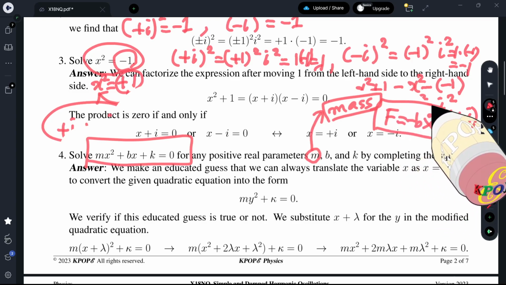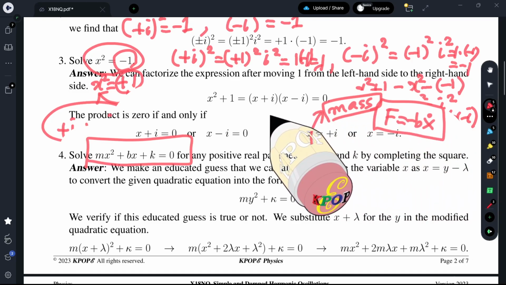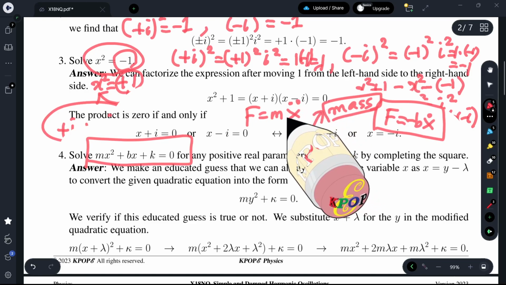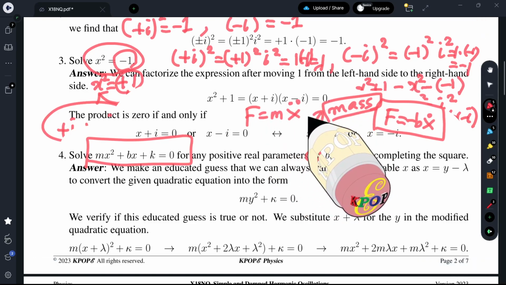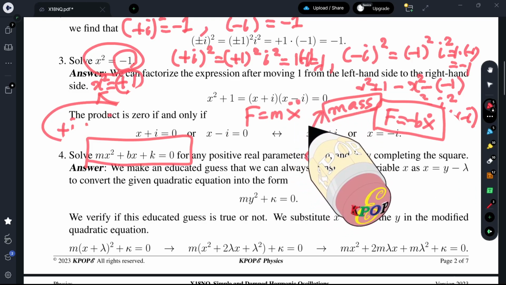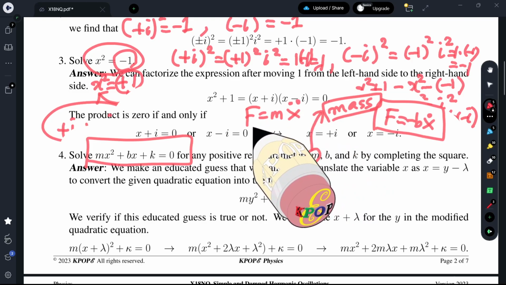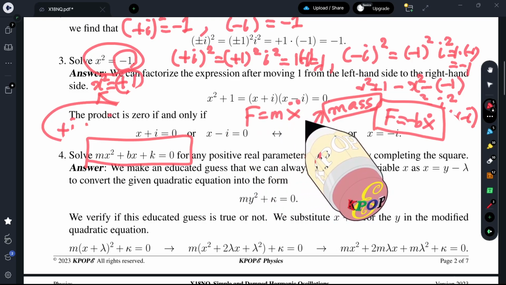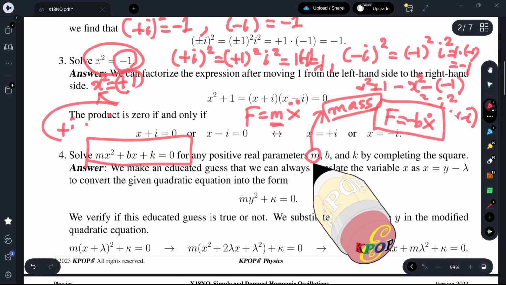So this is the damping force, and this comes from F equals ma. The net force applied to a particle of mass m is mass times acceleration. So m is this one.